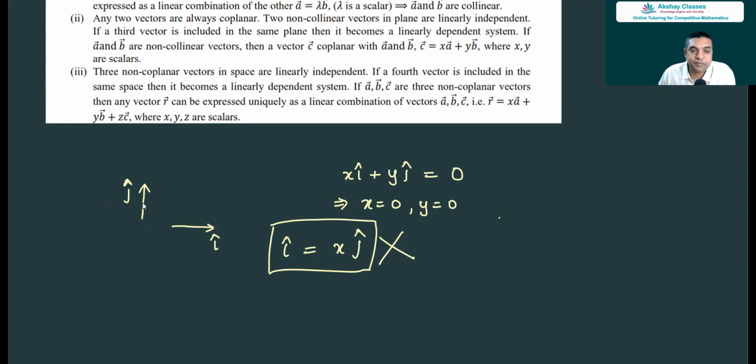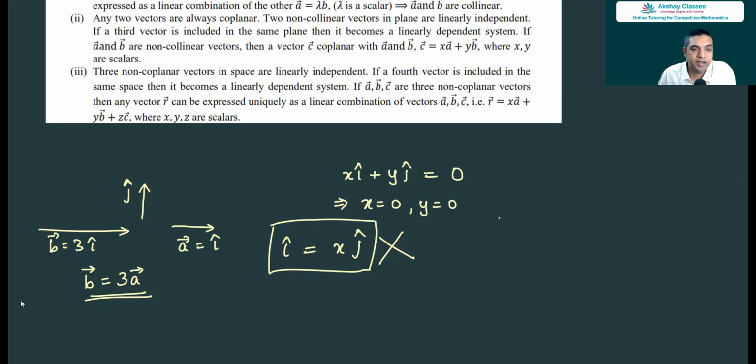However, take another vector along i, let's say 3i. Let's say vector a bar is i cap, vector b bar is 3i cap. Now I can write b bar as 3 times a bar. So a and b are dependent vectors. One vector can be written in terms of the other.